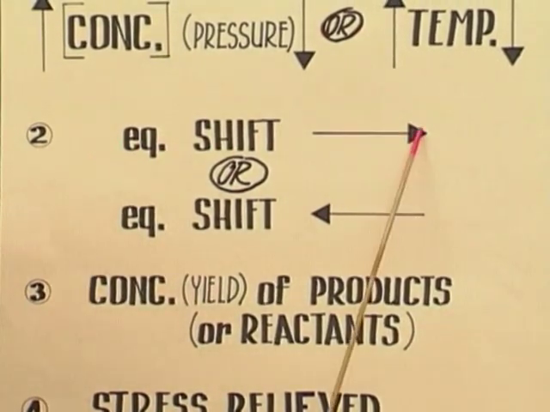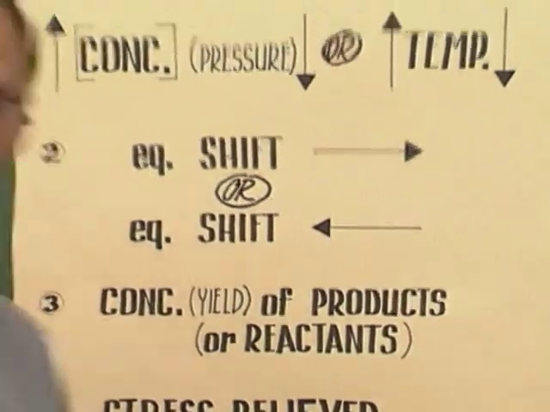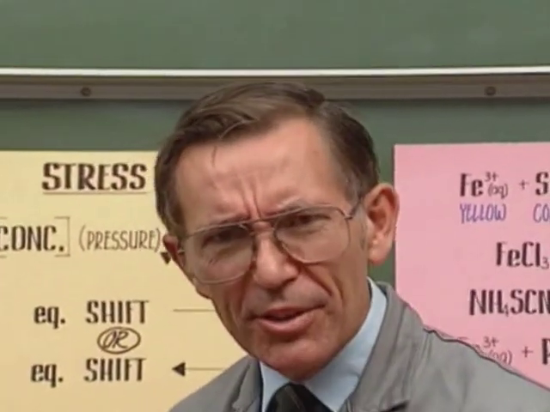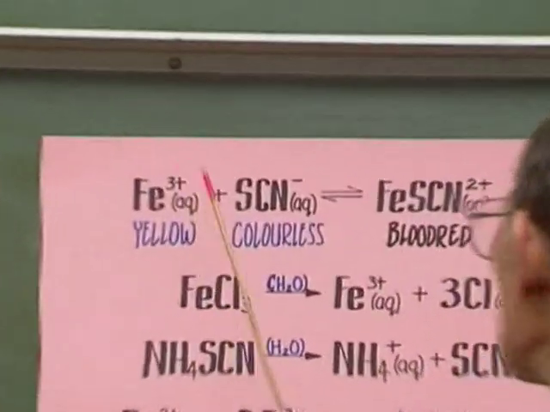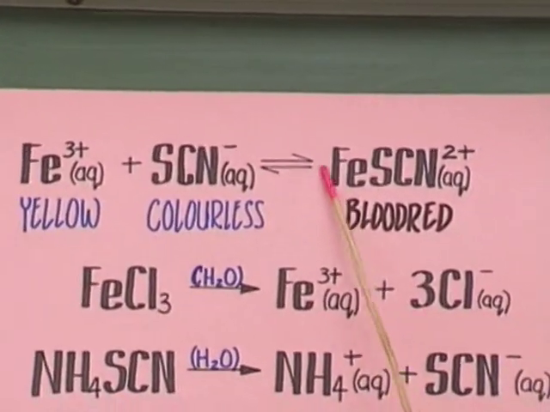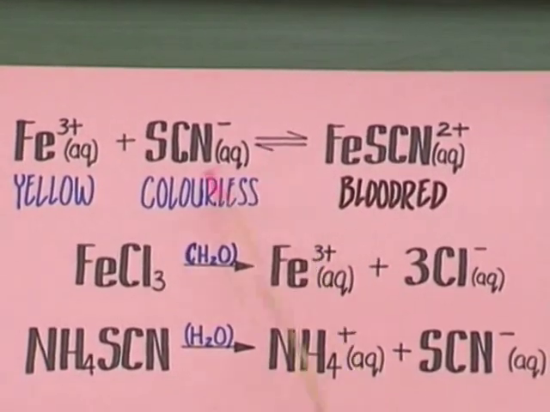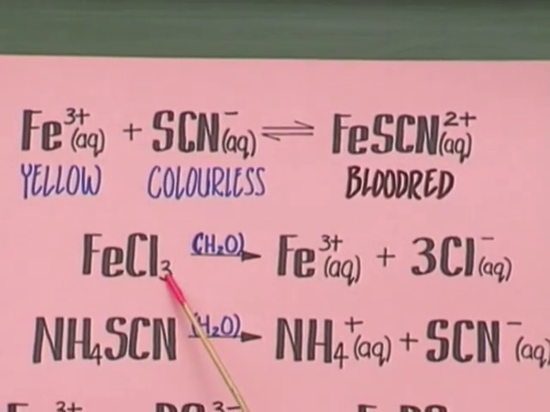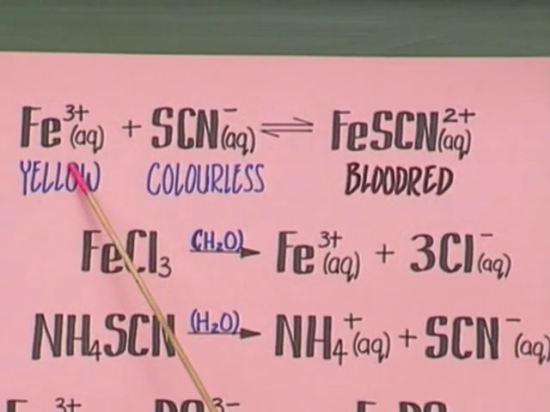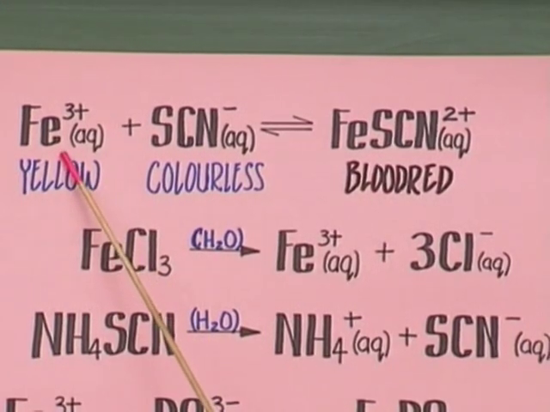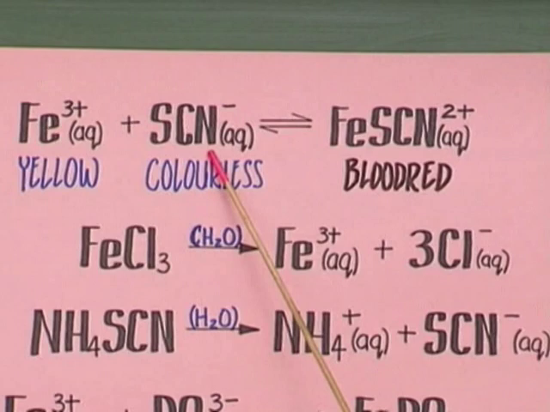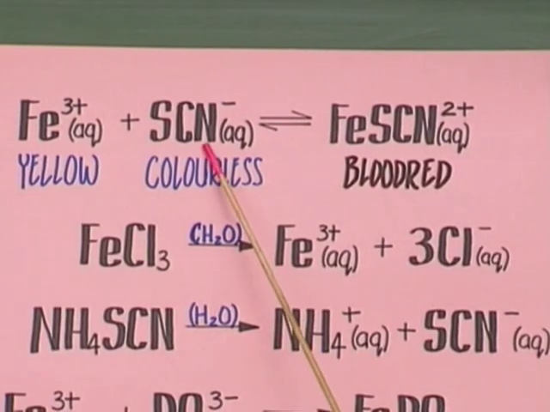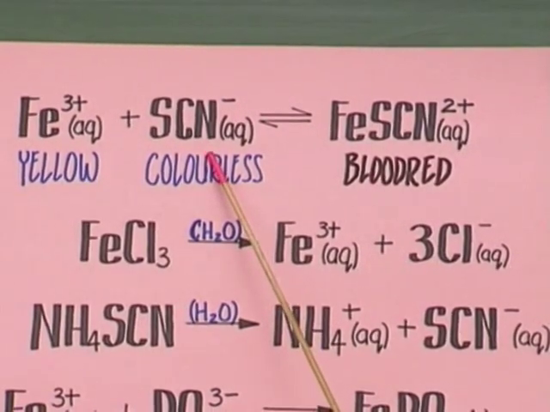In this case, the equilibrium is shifted to the right, since, according to the collision theory, the rate of the forward reaction will exceed the rate of the reverse reaction immediately after addition of the concentrated iron 3 chloride solution, since the number of collisions per second between the iron 3 ions and the thiocyanate ions will be higher immediately after disturbing the equilibrium.